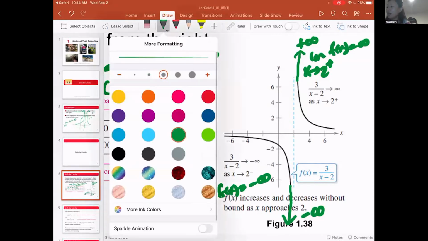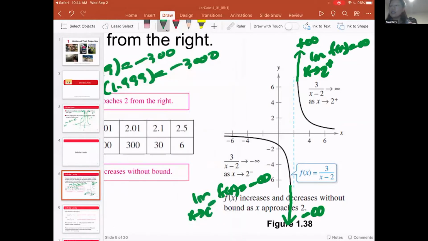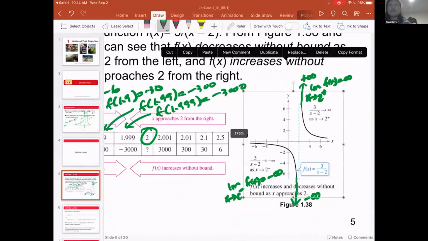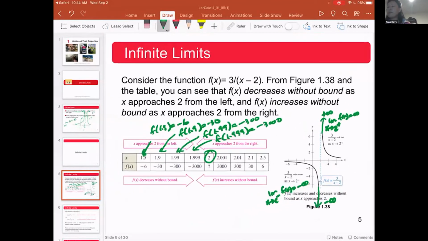Limit can be infinity. Remember, we used to tell them it does not exist. Now I can say positive infinity or negative infinity. So on your exam, you need to say positive infinity or negative infinity, not just say does not exist, because you will have a one-sided limit.